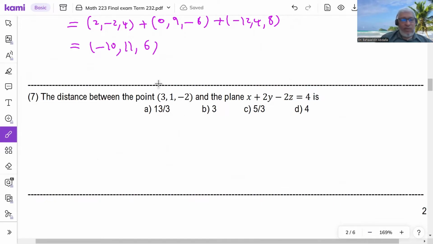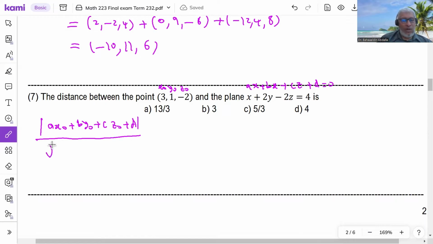Well, if the point has coordinates, let us say x0, y0, z0, and the plane is ax plus by plus cz plus d equals 0, then the distance is given by this formula: the absolute value of a times x0 plus b times y0 plus c times z0 plus d, over the square root of a squared plus b squared plus c squared.